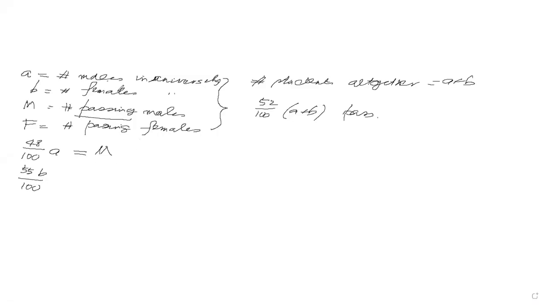So the number of female students altogether is B, and we use capital F as the symbol for the number of passing female students. Okay, now, in other words, altogether, the number of people who passed was passing males plus passing females. So 48 over 100. I'm not going to take up too much space. I need more space to write.